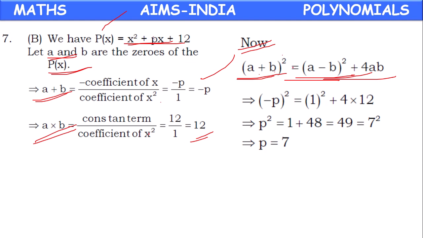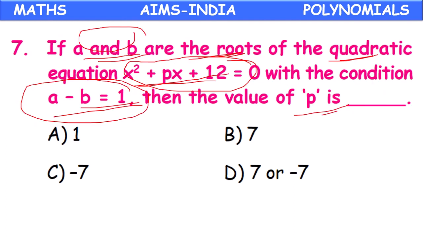So A minus B they have given already as 1, square is 1, 4 into AB, 12. Minus P whole square, P square is 1 square, 1 plus 4 into 12, 48, that is 49, which can be written as 7 square. P equals 7.